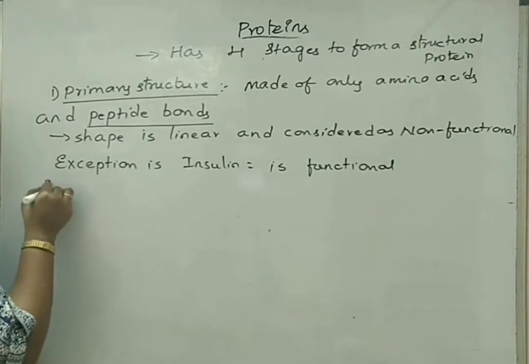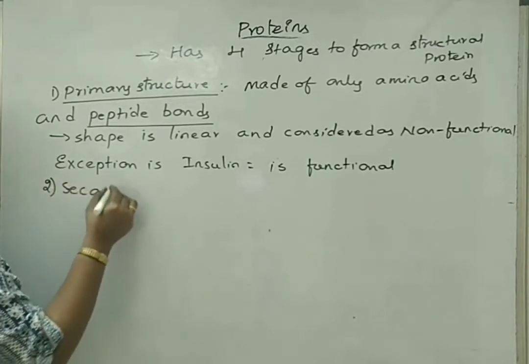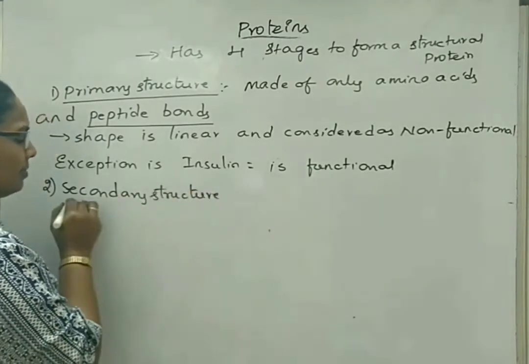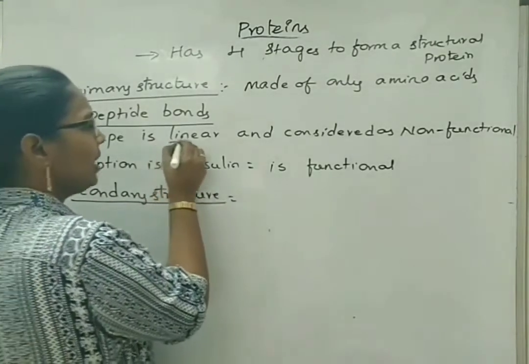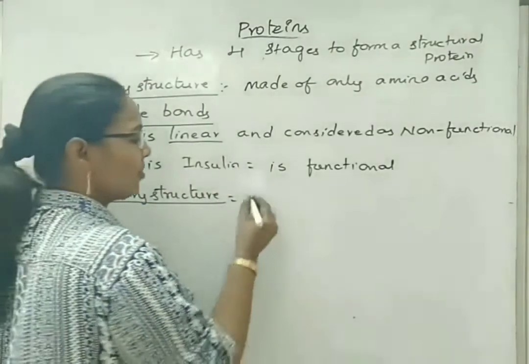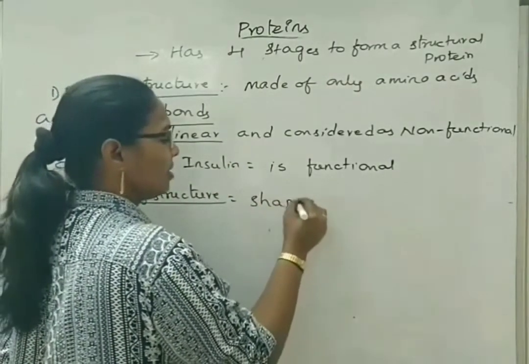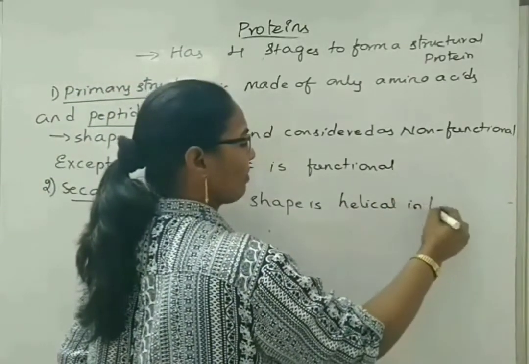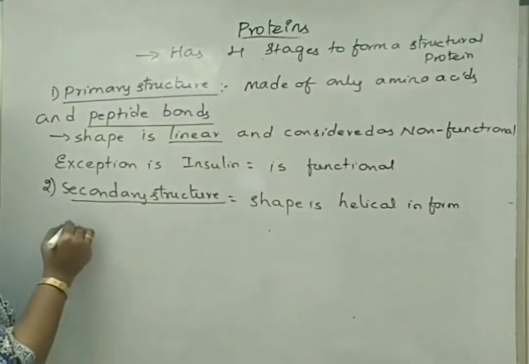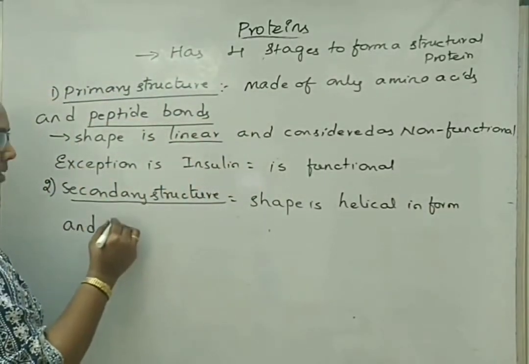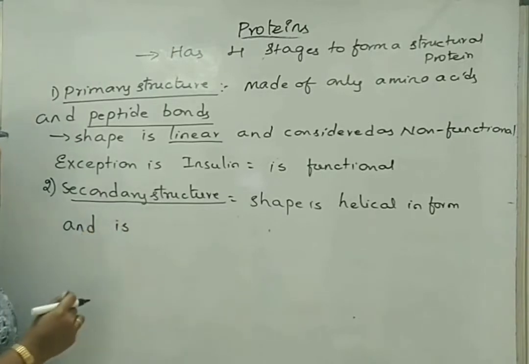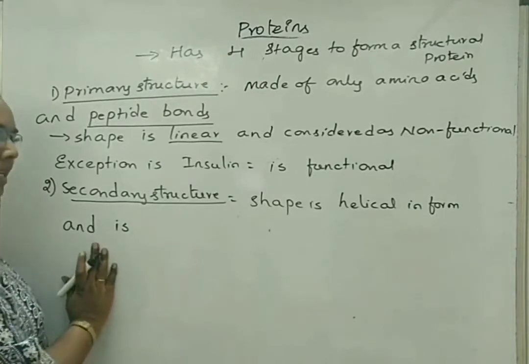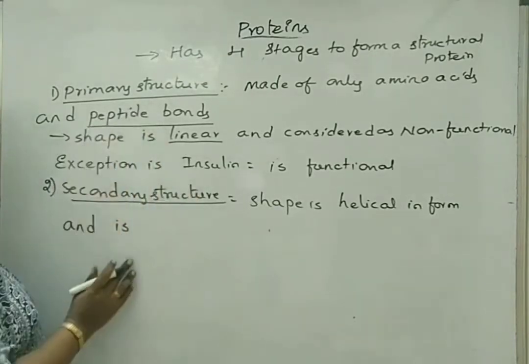Next one, secondary structure of protein. Now the shape changes from linear to helical form. The shape is helical in nature and is again considered non-functional, but here also there are some exceptions, just like insulin in the primary structure.